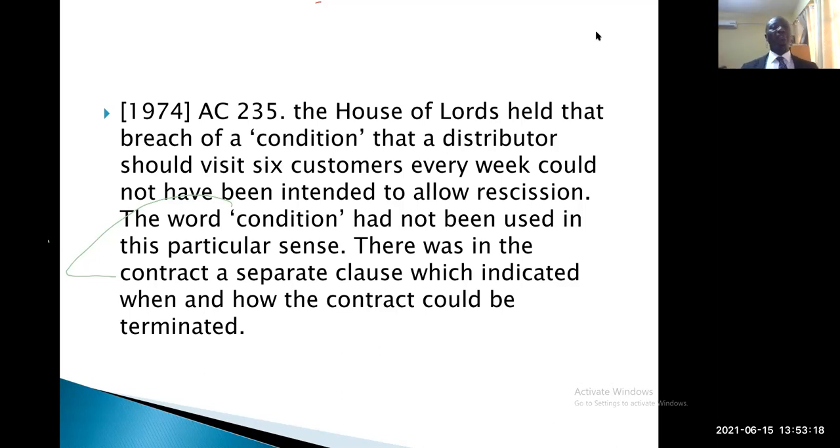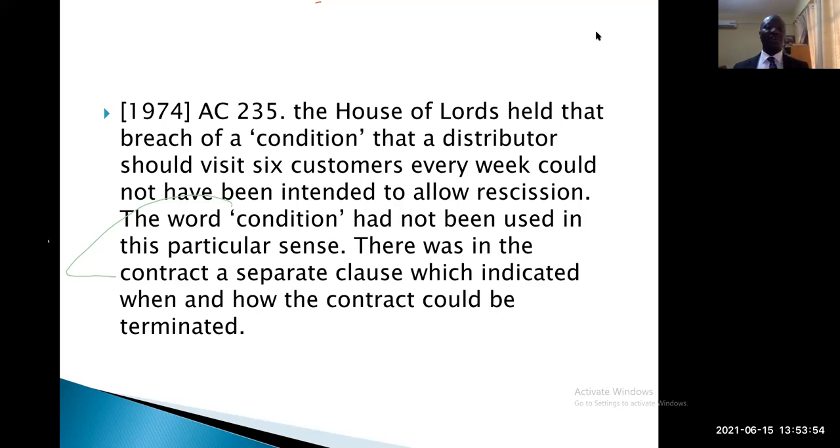So the court was saying that insofar as there was a separate clause or provision giving the circumstances and the manner in which one could terminate the contract, then the fact that a certain clause had been described as a condition should not be considered as having the usual consequences of a breach of a condition attendant upon it.